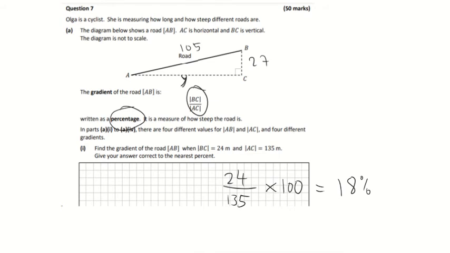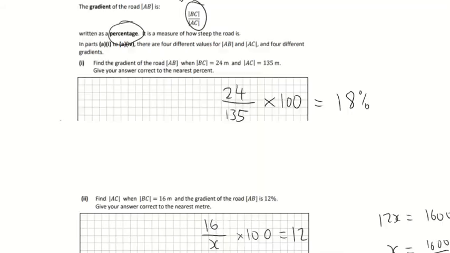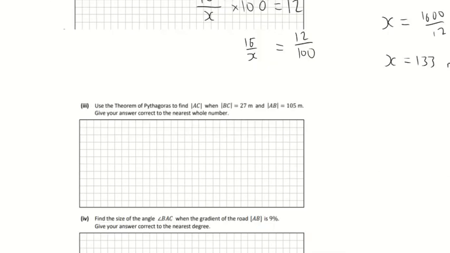So you're going to do 105 squared and 27 squared, and you're going to subtract them, and then whatever you get, you're going to get the square root. So 105 squared minus 27 squared, and then do square root of that, and you should get 101 meters again.